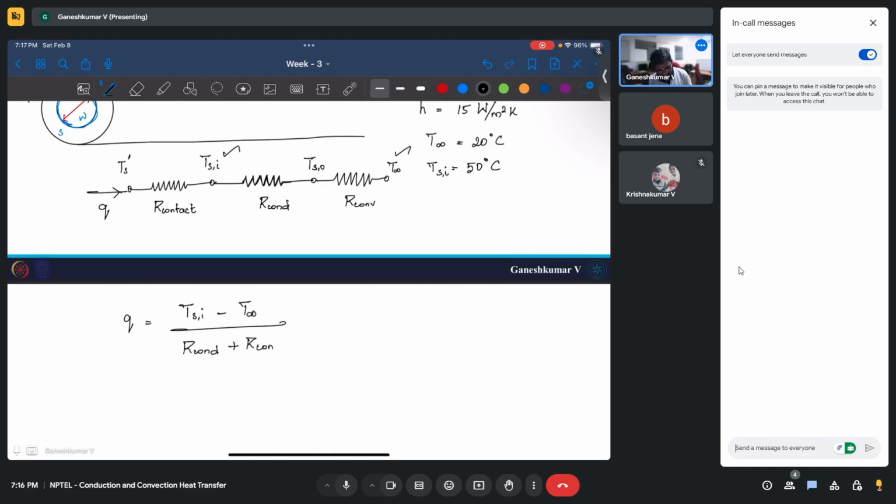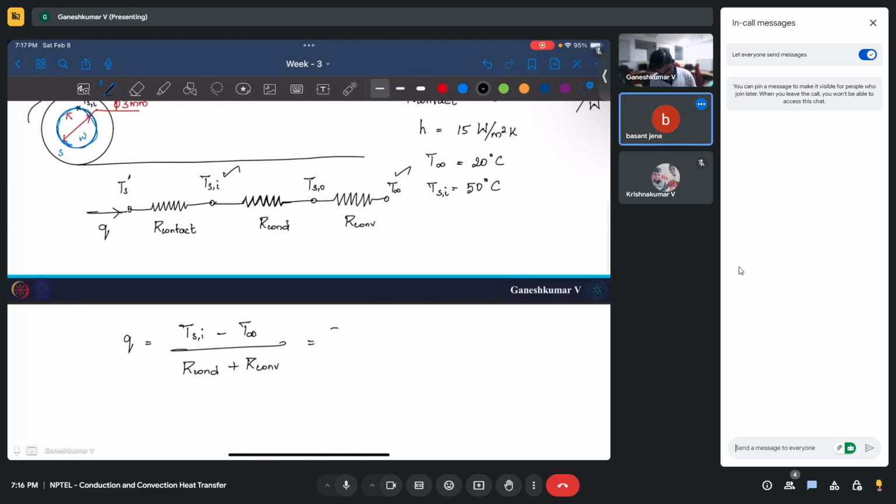We can use these two resistances to find the Q, right? So here you need not bring the contact resistance in it. Yes. All right. So how much is this coming out to be?